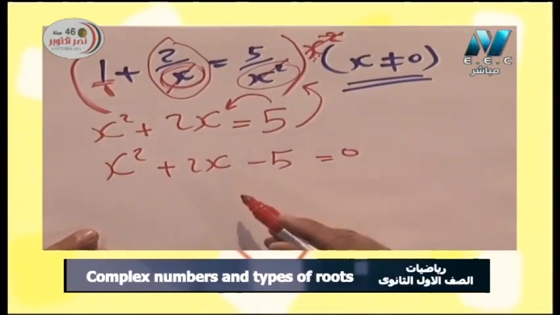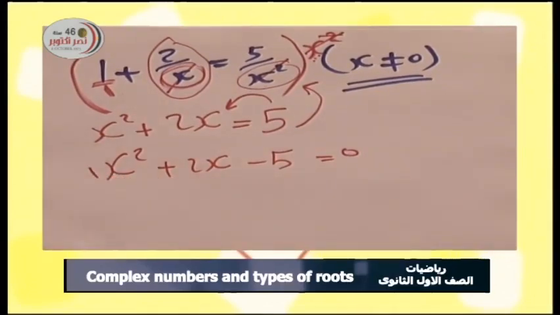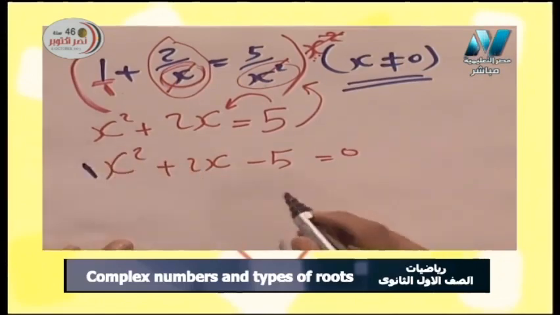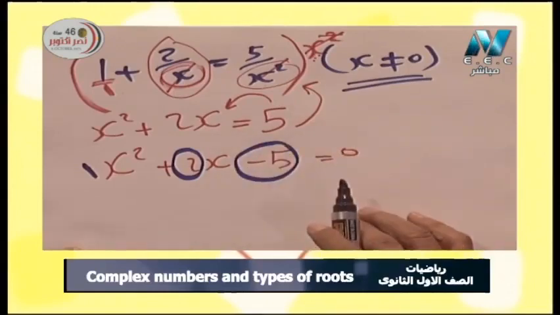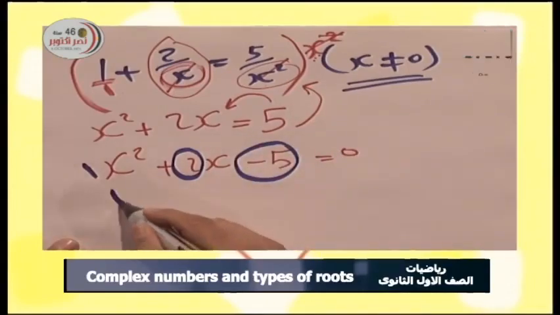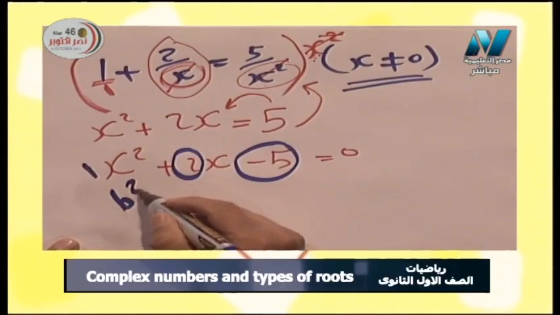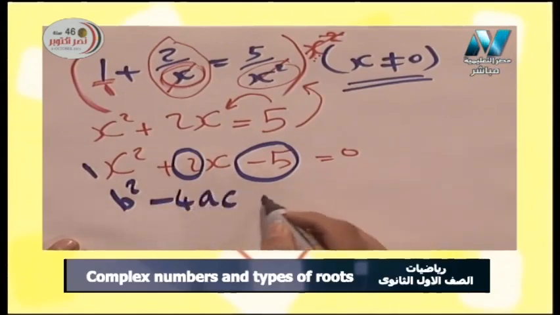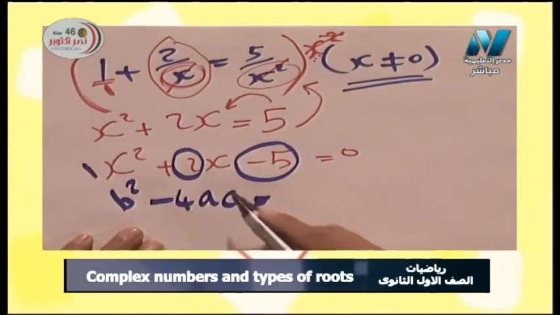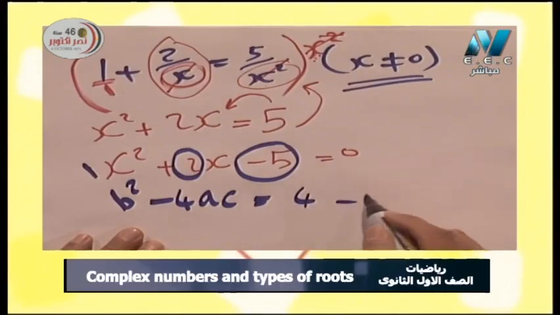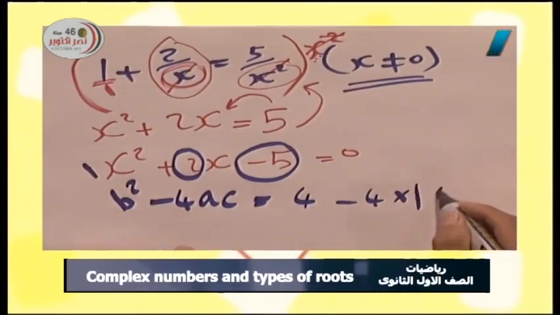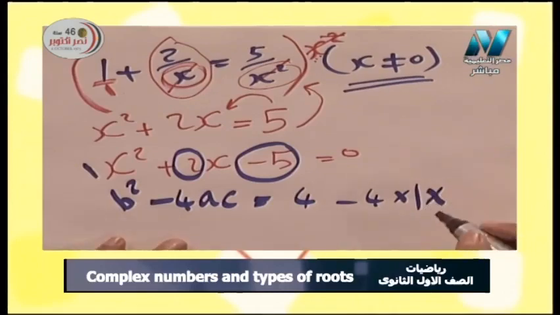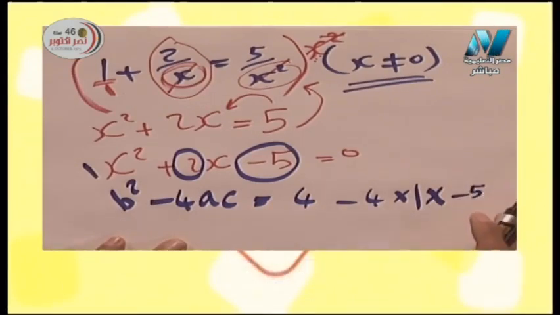Yes, we have here a equals 1, b equals 2, and c equals negative 5. And we will calculate the discriminant, which is b² minus 4ac, equals b², which is 4, minus 4 multiplied by a, which is 1, multiplied by c, which is negative 5.